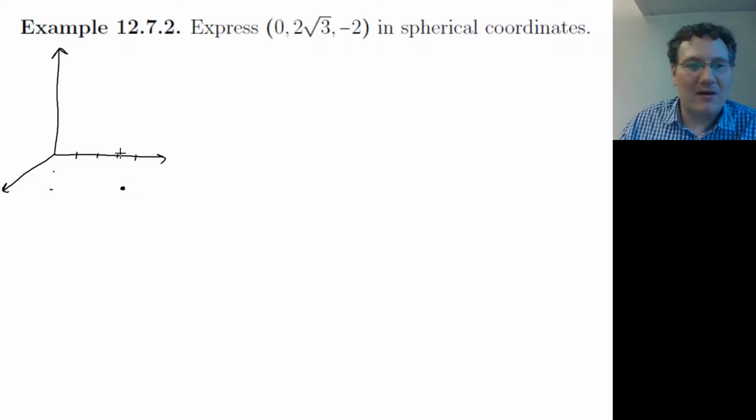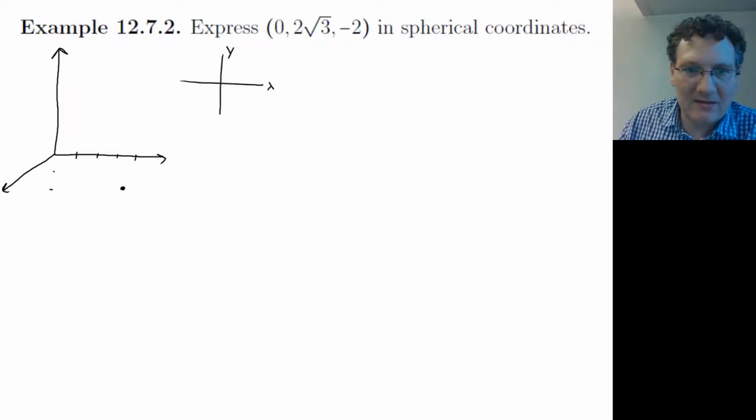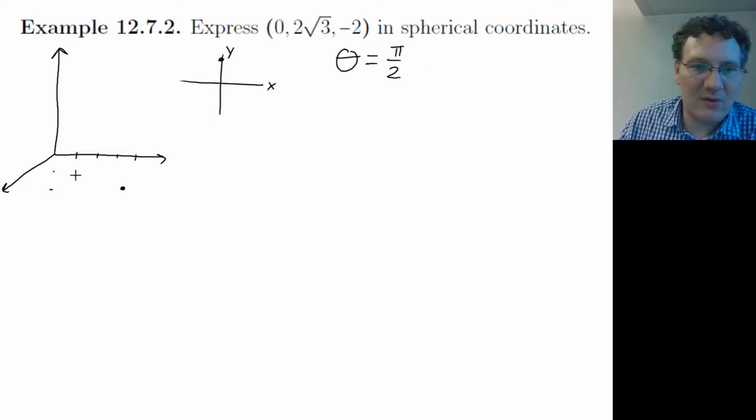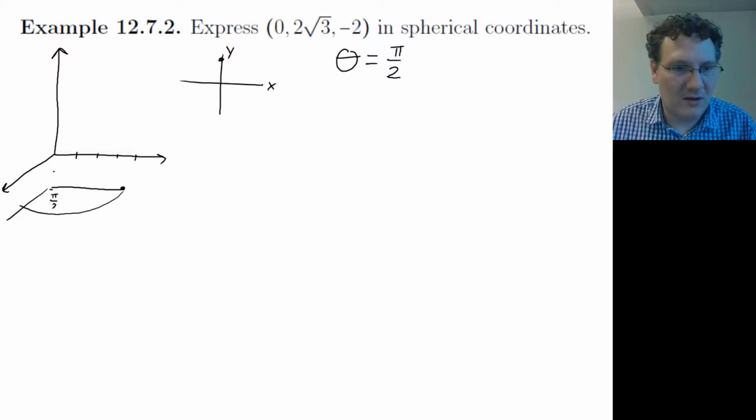Now, if you look straight down at the y and the x, this point is right here. The theta is going to be pi over 2. If you go from the x-axis around, that's pi over 2 radians, right?